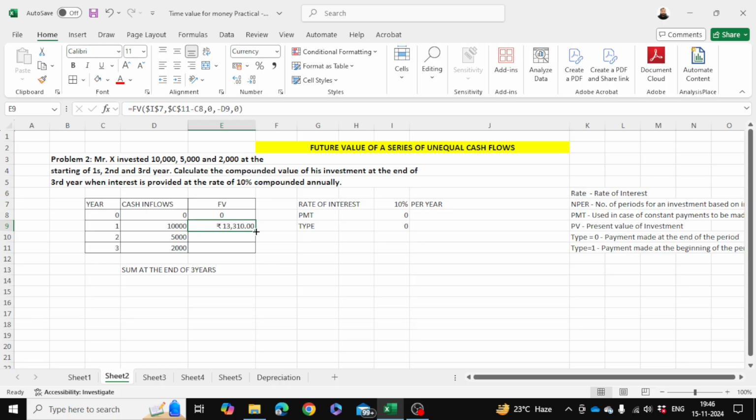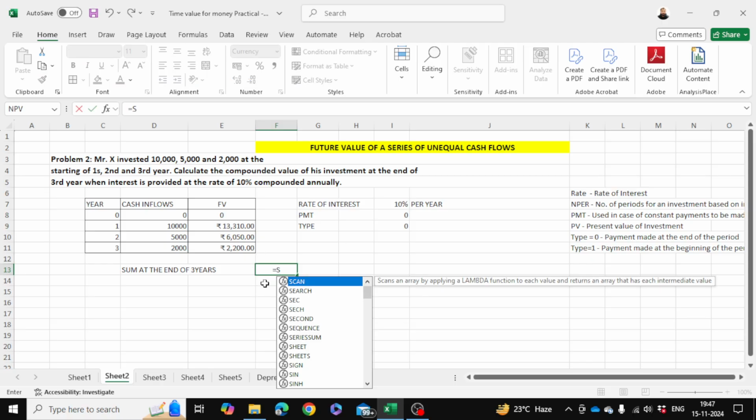Okay, so now the next step is you have to copy it. You can copy this way, right? And at the end you have to go for the total of the 3 things, right?